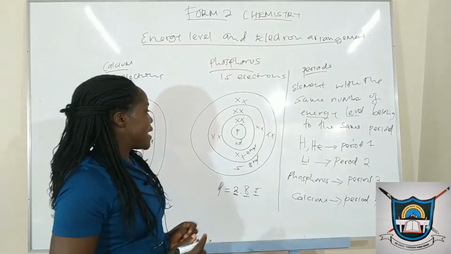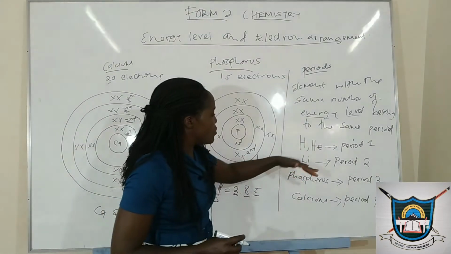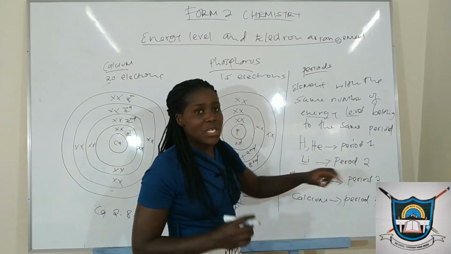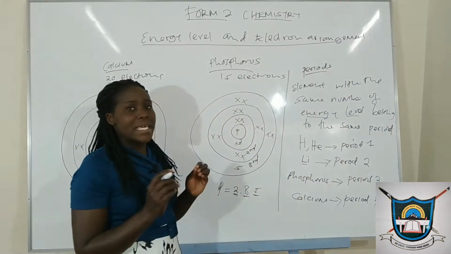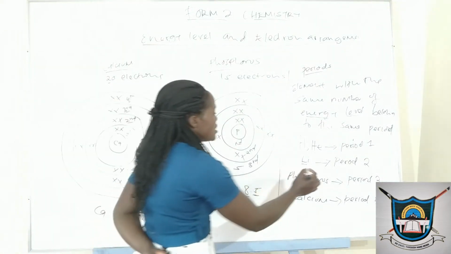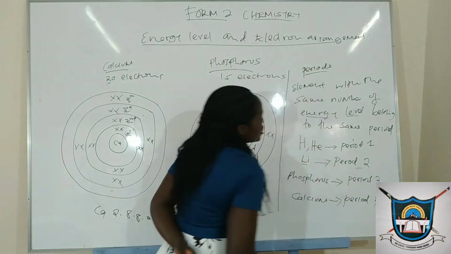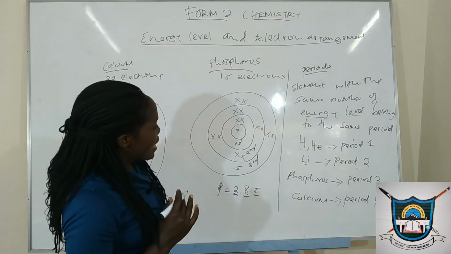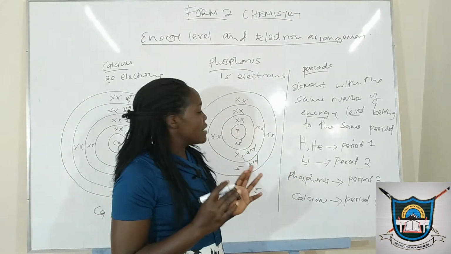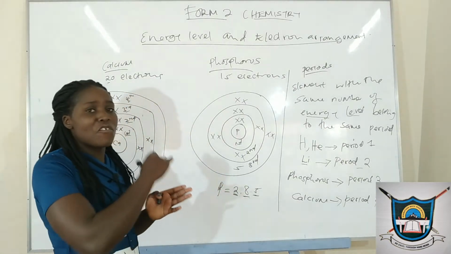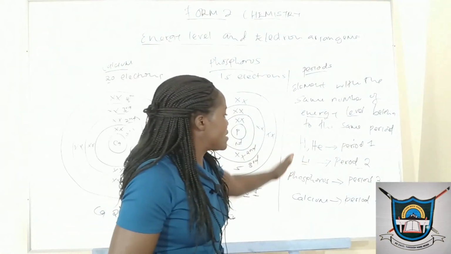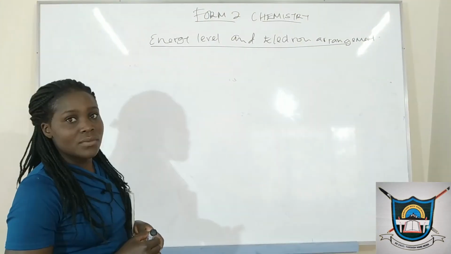So we have many. For period 1, we only have hydrogen and helium, but for period number 2, we have many. We have lithium, beryllium, boron, carbon. As we continue, those that have 2 energy levels, we have many. So the elements with the same period fall in the same row in the periodic table. They form 1 row. So let's arrange these elements in their rows.